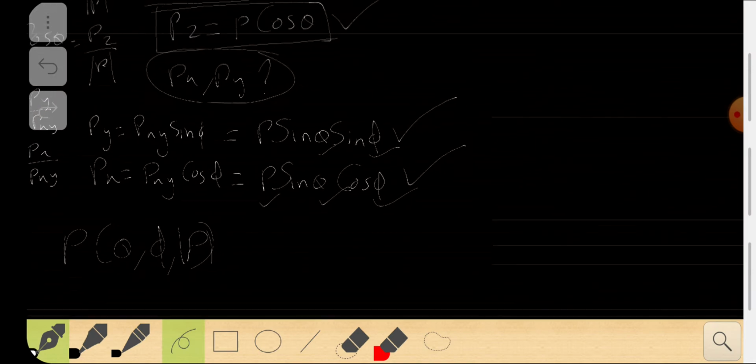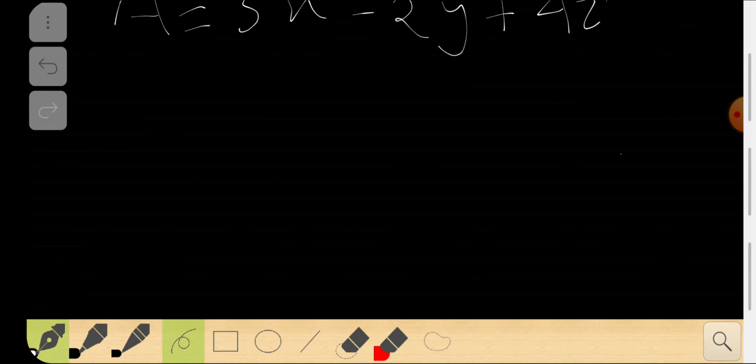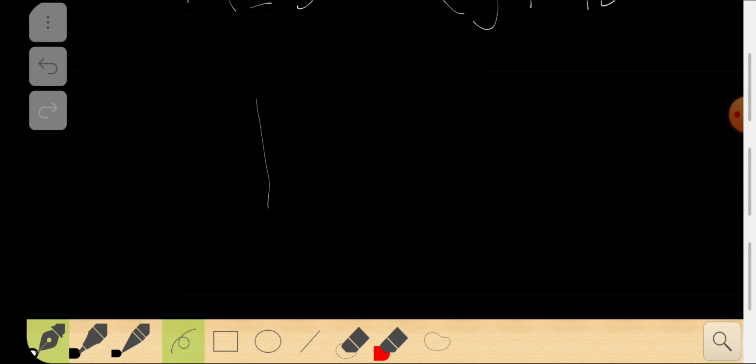Maybe if I have, say, a vector A equal to 3x cap minus 2y cap plus 4z cap. This is going to be a bit complicated, but anyway, we are going to use that.